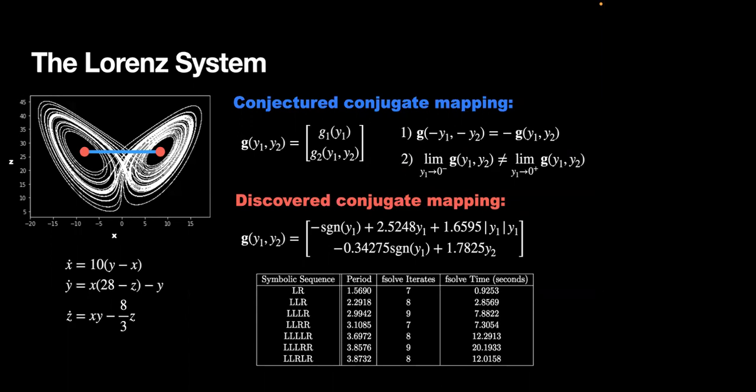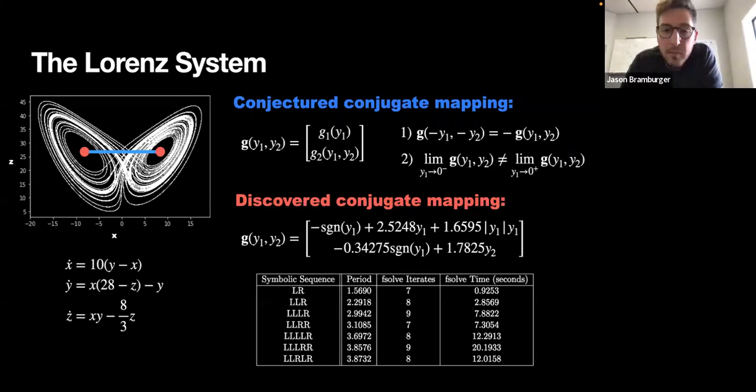Yes, that was mine. Can you enforce the symmetries into your conjugacy already? Because the Poincaré map or fluid dynamic systems you're modeling has some discrete symmetries. Can you build them into this? You can build them in by the choice of the library that you use for your conjugate mappings.